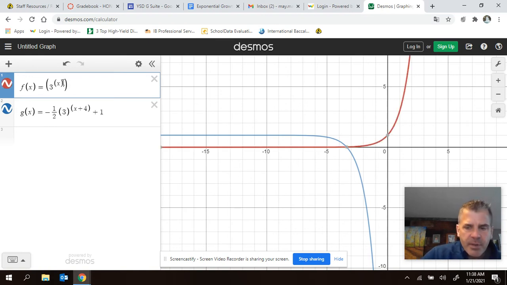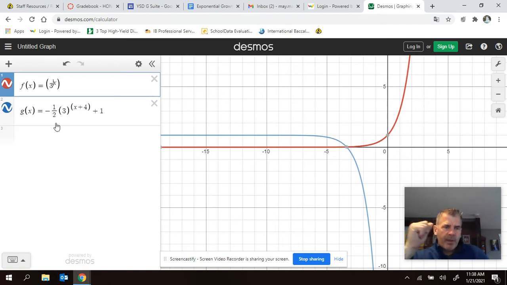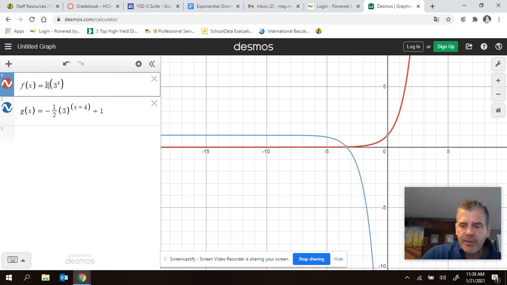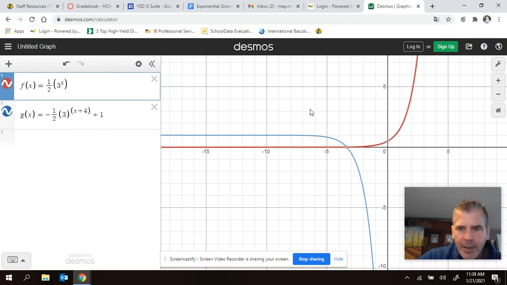Let me get all this other business out of here. It has done this transformation of flipping, of moving left and up. But the question is, has it compressed? So to check that, take your original function and throw just the 1/2 in front of it. If we put a 1/2 in there, you can see that from the original without the 1/2, you can track this point right here.